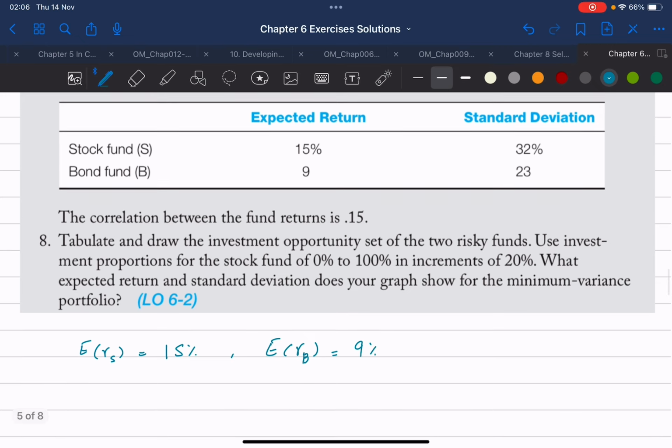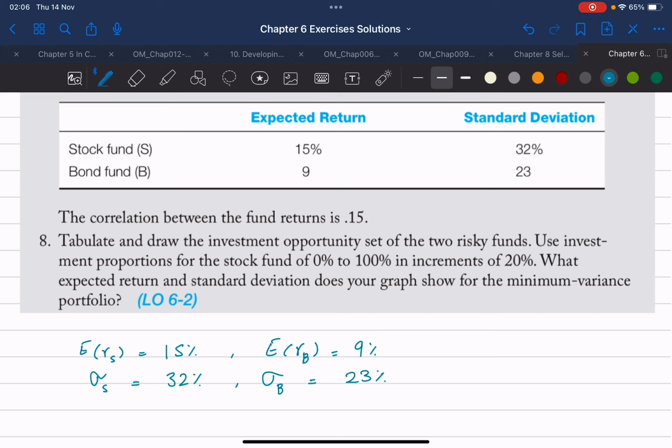We also have the standard deviation of the stock fund, which is 32%, and the standard deviation of the bond fund, which is 23%.